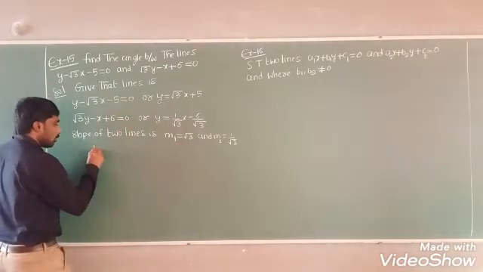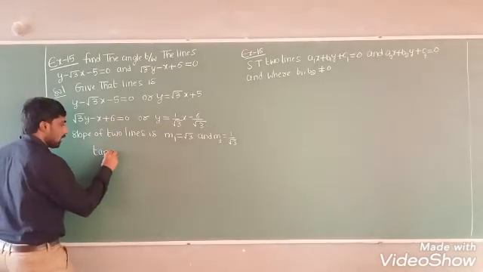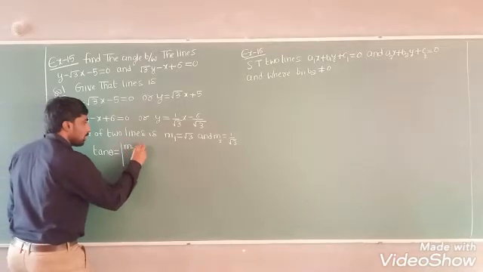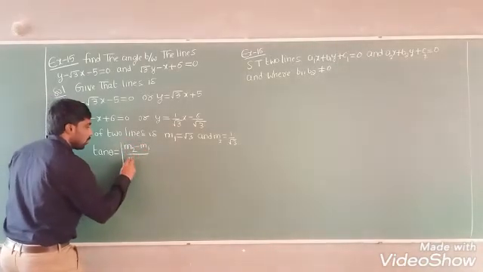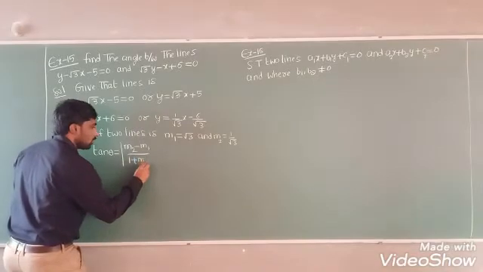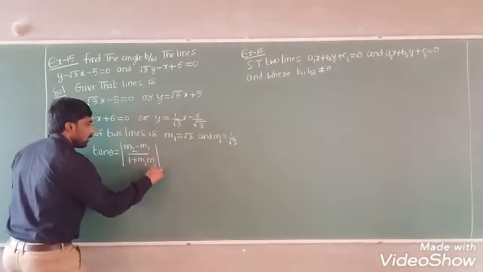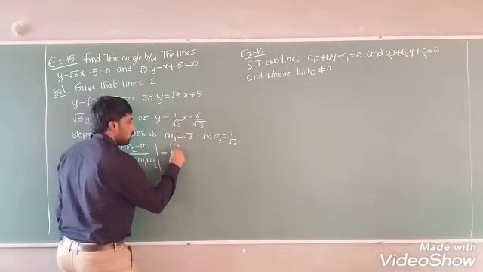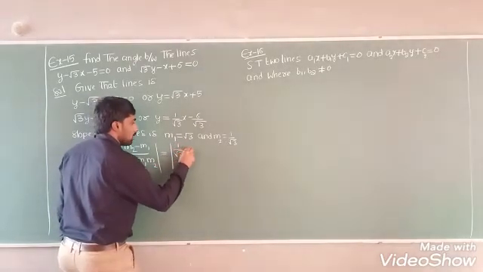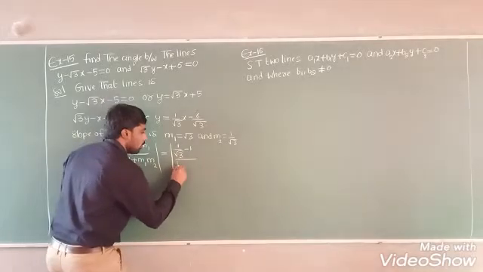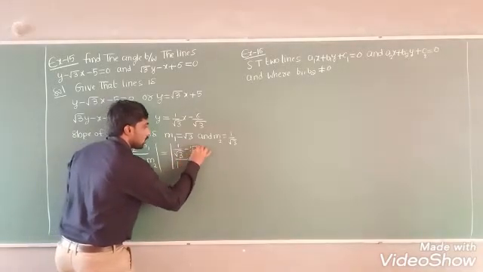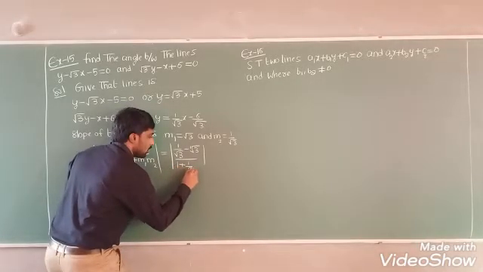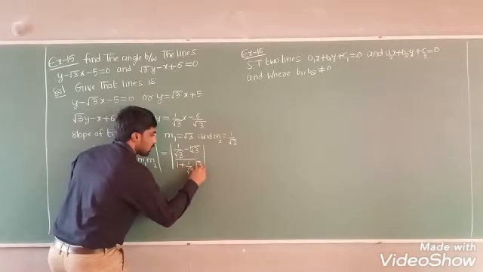Then the angle between two lines formula: tan theta equal to modulus of (m2 minus m1) by (1 plus m1 m2). Now these two values are substituted here. If I substitute, what will I get? 1 by root 3 minus root 3, over 1 plus 1 by root 3 into root 3.